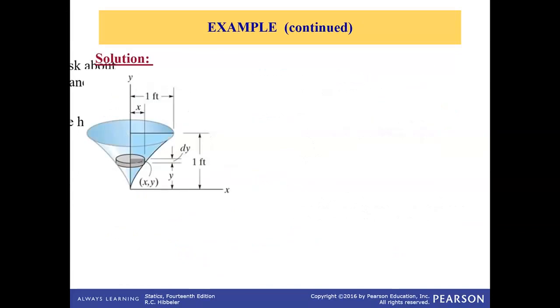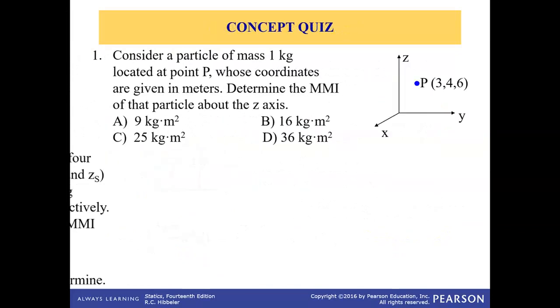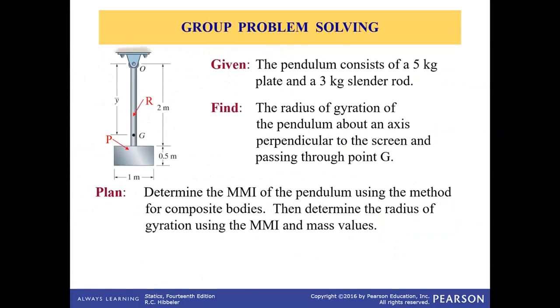Now let's quickly scan through one example. In this pendulum, we are given the dimensions and the mass of the rod as well as the plate of the pendulum, and we would like to calculate the radius of gyration about axis O. Imagine that relative to this axis, the pendulum is being rotated.